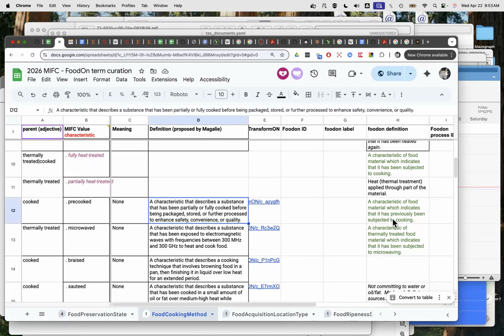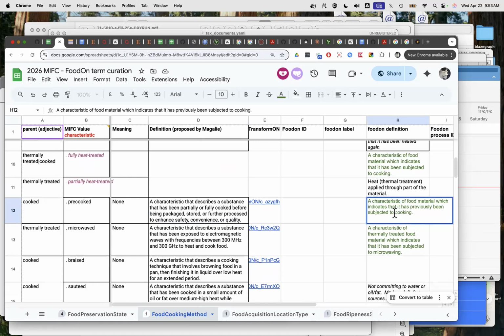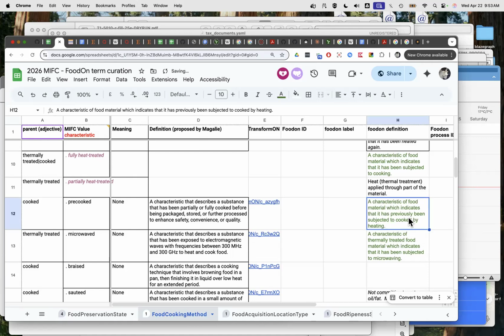I doubt people would ever use that to refer to a pre-ceviche. Maybe something like pre-marinated though. That's not a cooking method, it's a precursor to that. Actually we wouldn't say pre-marinated, we'd say marinated, right?